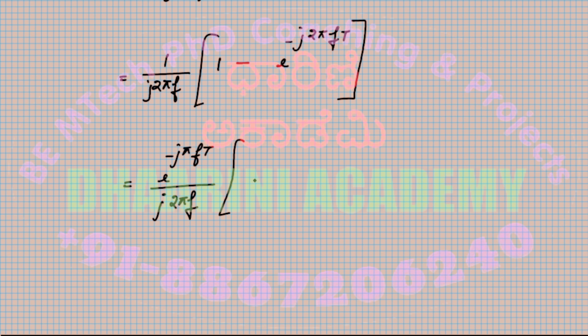Here I am going to get e to the power j pi f T minus e to the power minus j pi f T. You can replace this with e to the j theta minus e to the minus j theta.